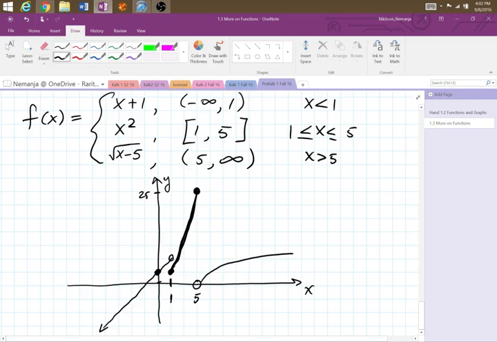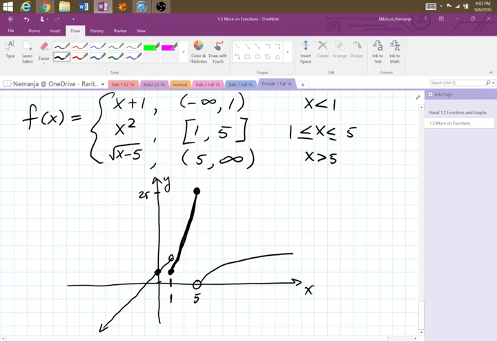The next piece is between 1 and 5, and it is x squared. So you will draw x squared, because you know that's a U-shaped function. And then you will erase everything that is already taken by the linear, because if you draw another piece, then the vertical line test fails there. That's not good. So we erase everything to the left of 1, because this says x squared only lives between 1 and 5.